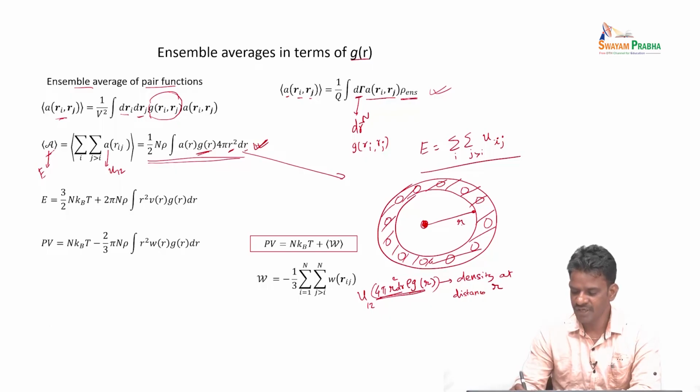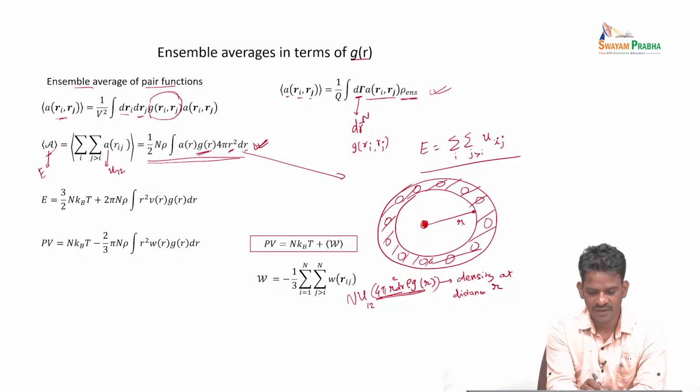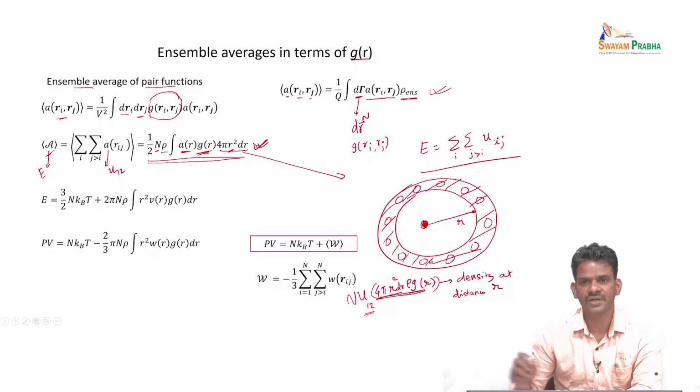Now, how many different ways you can choose this for one particle is N, so we have to multiply by a factor of N also. That is this expression: N for N number of particles, and then we multiply 4 pi r square dr times rho g of r, and this A is the property that you want to average, which is u12, and this has to be integrated from 0 to infinity.